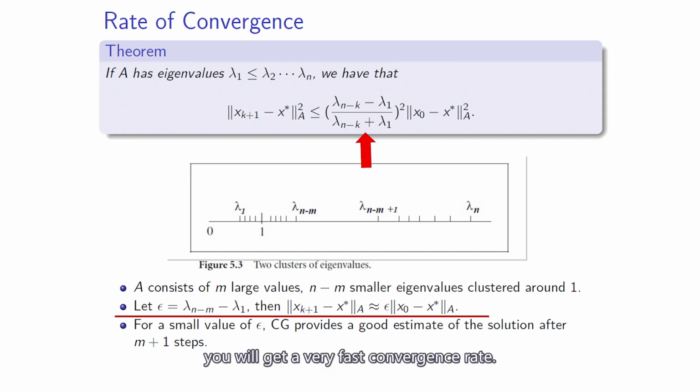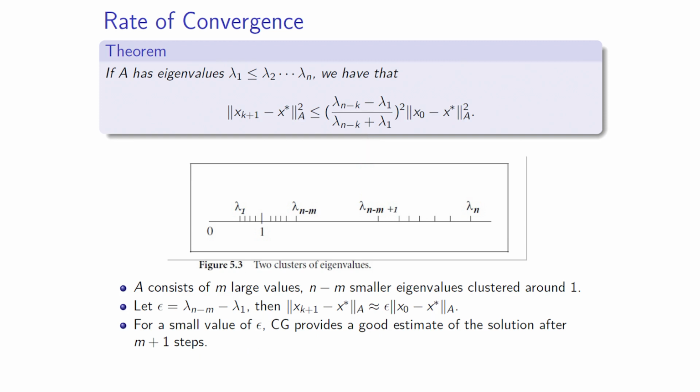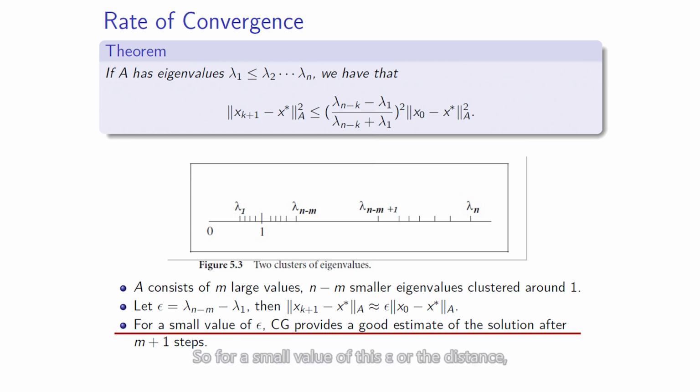Therefore, you will get a very fast convergence rate. Okay? So for a small value of this epsilon, or the distance, we will get very good performance of the CG method, and CG will provide a good estimation of the solutions. So this is a general case for the convergence rate of the CG method.